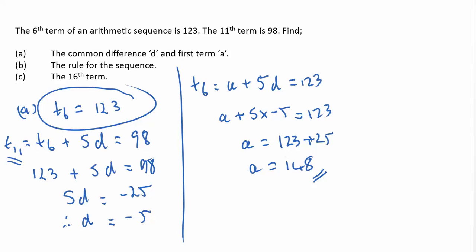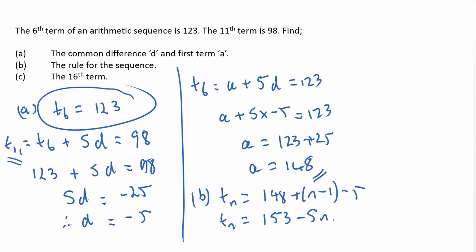Then finding the rule for the sequence becomes pretty straightforward, 153 take 5n. I won't demonstrate how to do C, but in a moment I'll go through how we could have done that using the calculator.